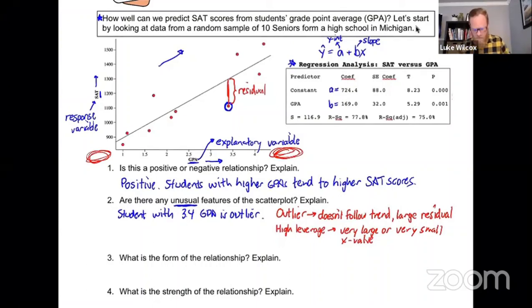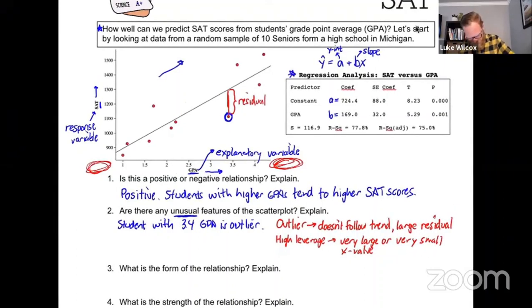Now there's one other vocabulary term that you might need here, and that's to be able to identify a point as an influential point. And the definition for an influential point says that if you were to remove that point, it would have a substantial effect. So there would be substantial changes to a couple of things.